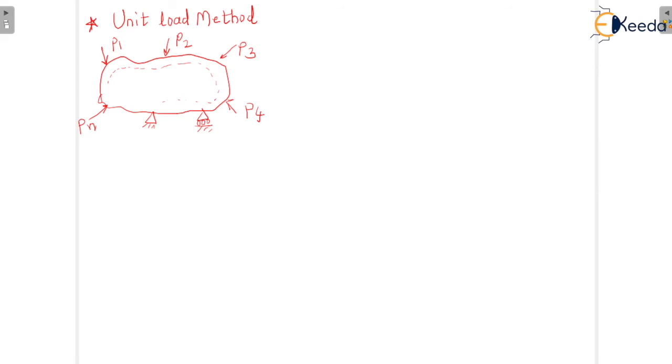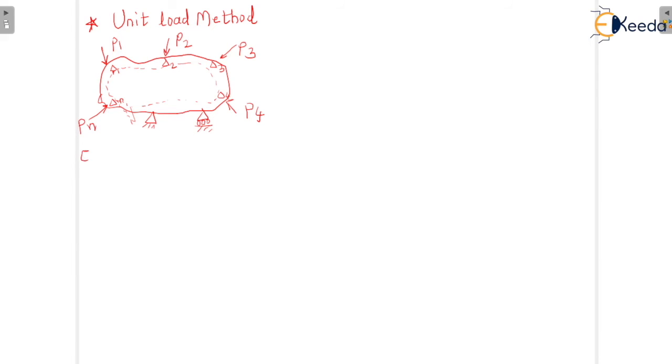At the particular point of action of load, corresponding to this load P1, there is displacement delta 1, here it is delta 2, here delta 3, here delta 4, and this is delta n. So wherever load is acting, there will be some displacement. With this we can simply write the external work done.